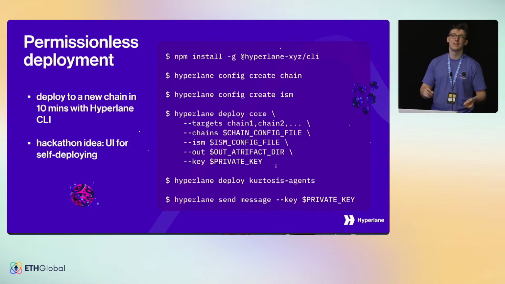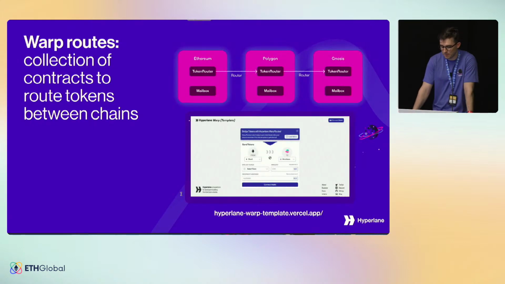You click on it, you just input a private key to run the relayer and validator with, and you're going to have infrastructure spun up for you just like that, so you don't need to worry about it, and you can start working on your cross-chain dApp, having the entire bridging layer abstracted away from you. And you can even send a test message with the Hyperlane CLI. Cool, so now you have general message passing live.